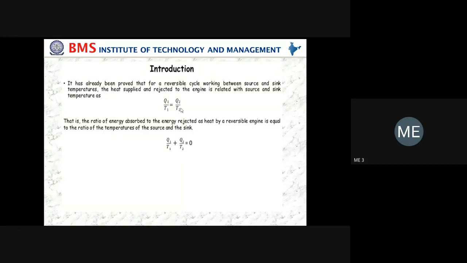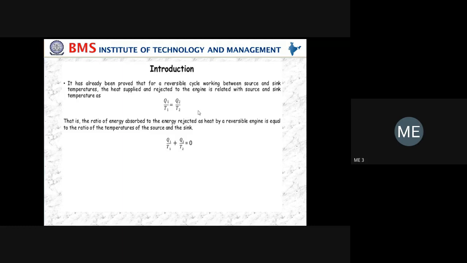The ratio of Q and T is what is mainly related. Q by T is nothing but our entropy. That's why we take the ratio Q by T in this chapter. So Q1 divided by T1 always equals minus Q2 by T2. Some sign was missed here: minus Q2 divided by T2.